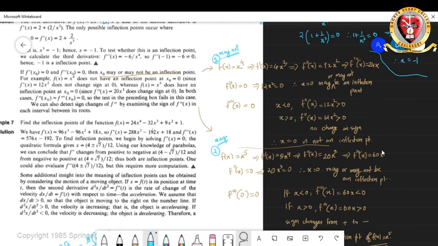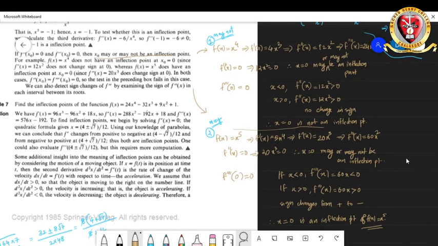And yes, there is a little change there. This is x square. So here you are going to use f double dash of x as we mentioned here.